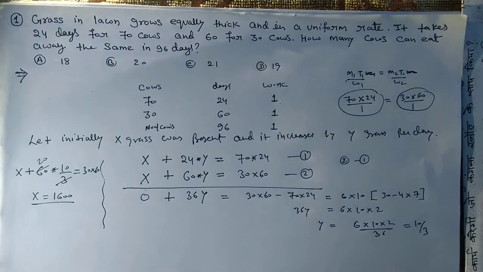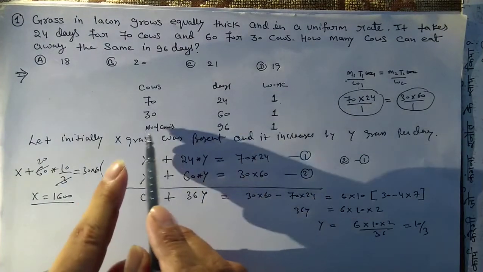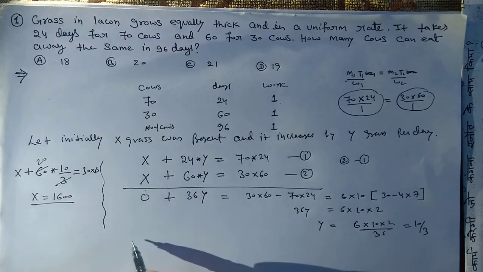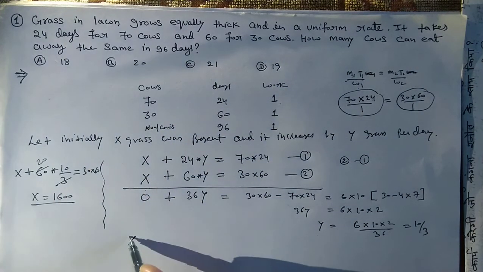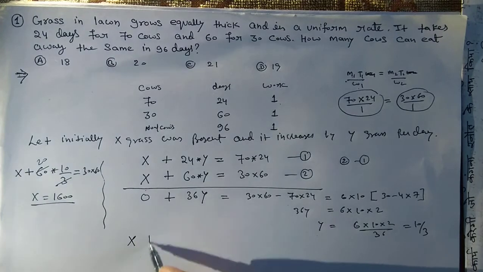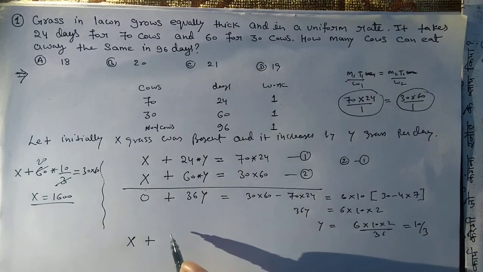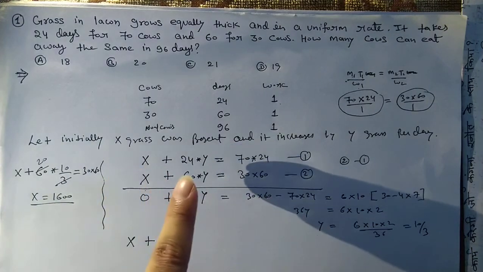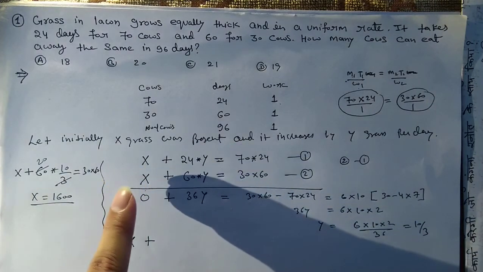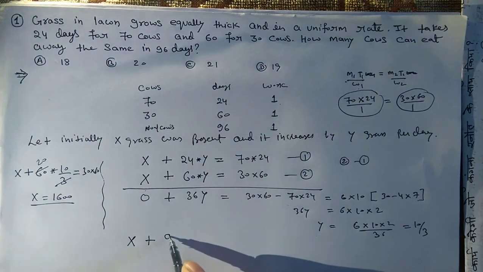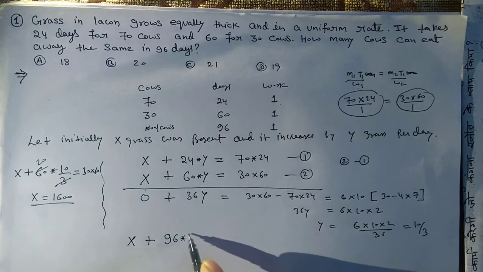Now the last equation we will solve. Initially there was X grass, plus the number of days, 96 days. Per day the grass is increasing Y, so in 96 days the grass will increase this.